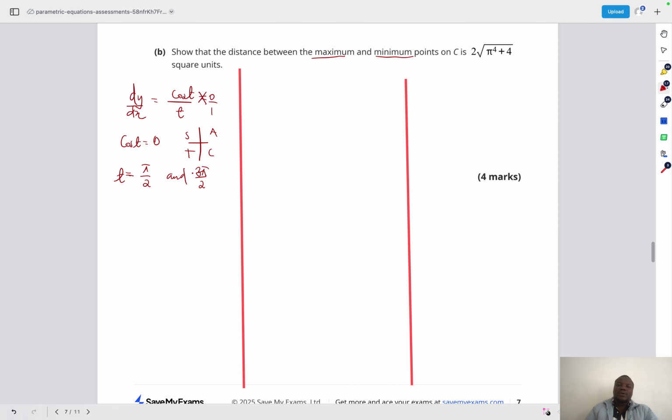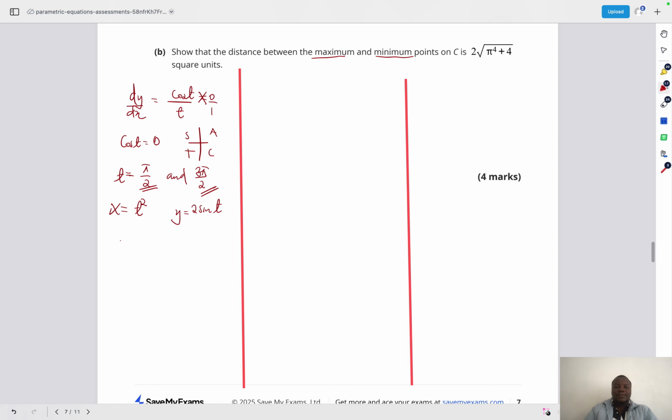Okay, now for each one of these, we must find their x and their y. So we've got these guys here, and remember we've been told that x is equal to 2t squared and y is equal to 2 sine t. So these are the t values at the turning points, and for each one of them we need to find the x and y.